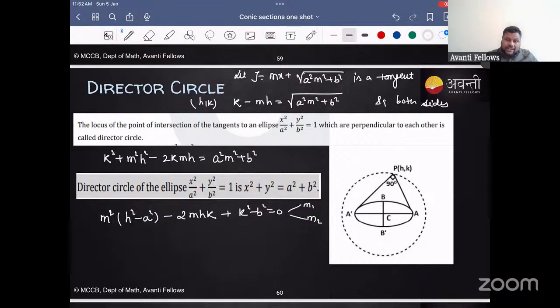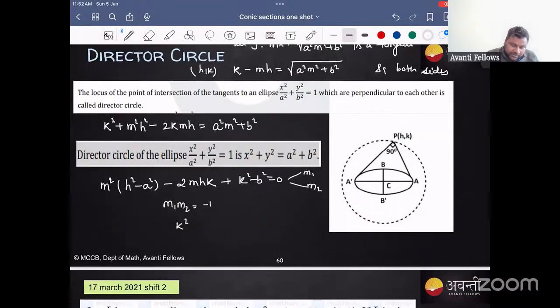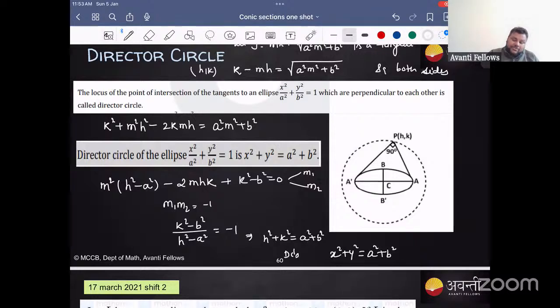If the roots are m1 and m2, then product of roots will be minus 1. So k square minus b square upon h square minus a square is equal to minus 1. If you cross multiply it, you get h square plus k square is equal to a square plus b square. So director circle equation is x square plus y square is equal to a square plus b square.